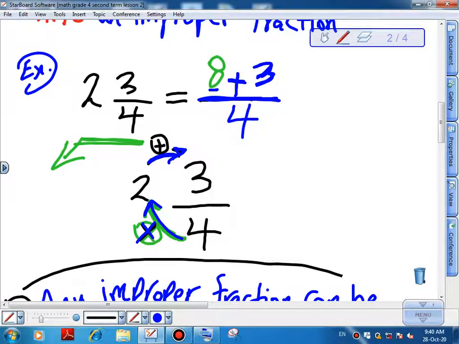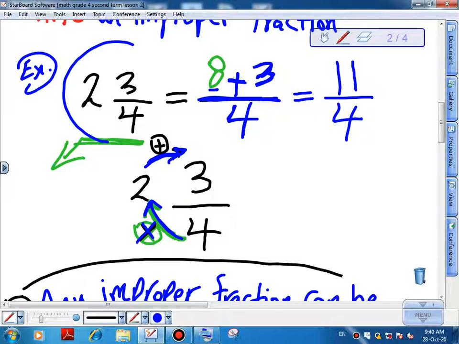No change. We multiply 4 by 2, then add the result to the 3 in the numerator: 8 plus 3 equals 11. So we get 11 over 4. We converted this mixed number to an improper fraction.